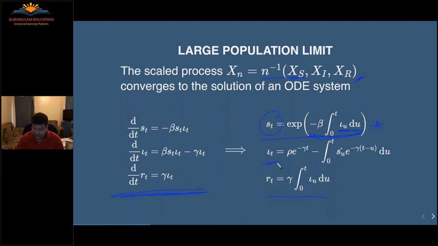For I(t), forget about the initial condition, but if this is a survival function, then minus S-dot is a probability density function, and this is an exponential density. Does this form look familiar to you?